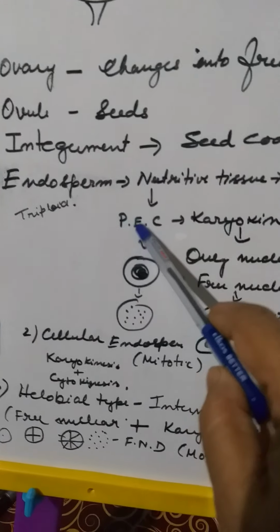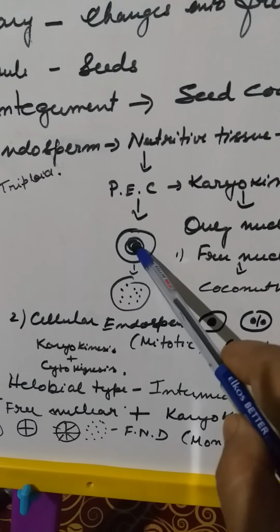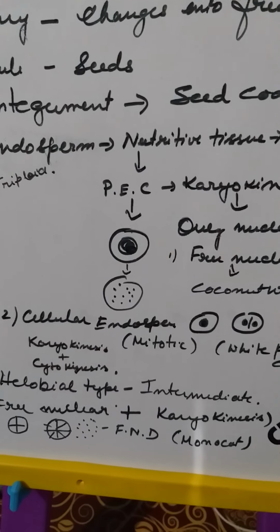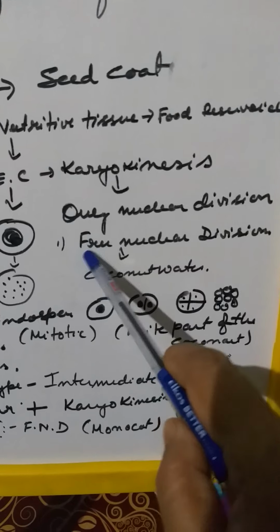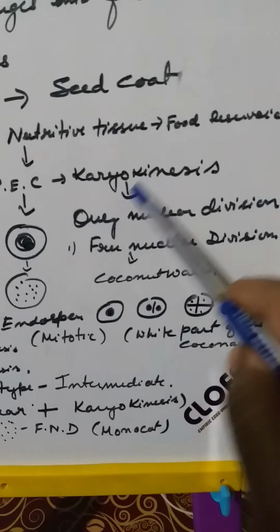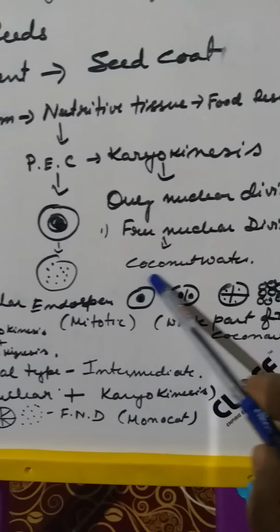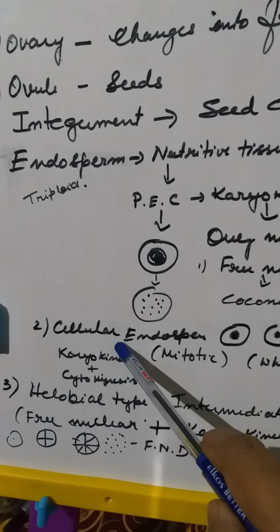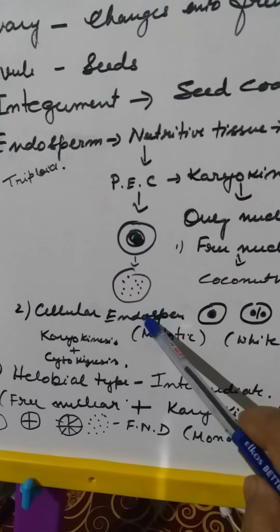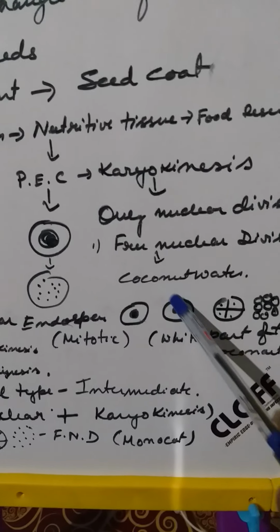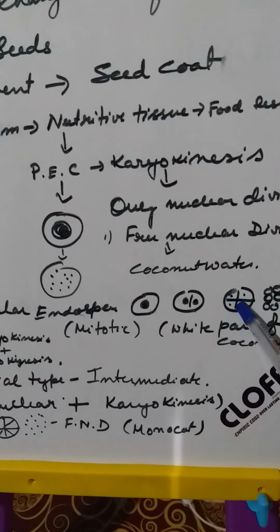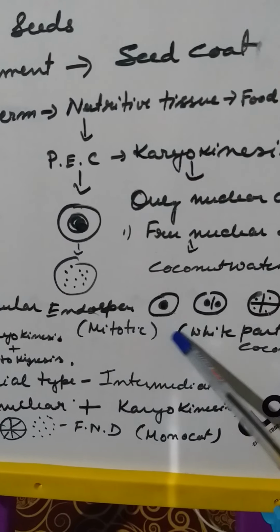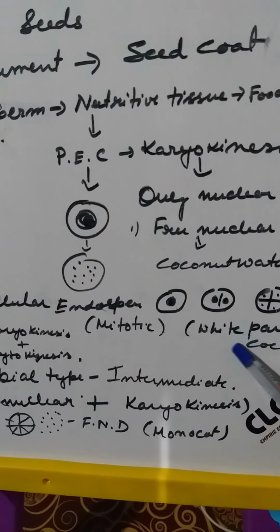Now this post endospermic cell undergoes karyokinesis, that means there is no cytoplasmic division, only nuclear division. So we have free nuclear division here in some types, and for example it is the coconut water. The second type of endosperm is the cellular endosperm, where you can see they undergo karyokinesis followed by cytokinesis, which is the simple mitotic division, and that is the white part of the coconut.